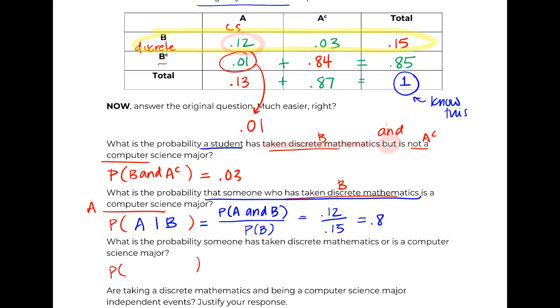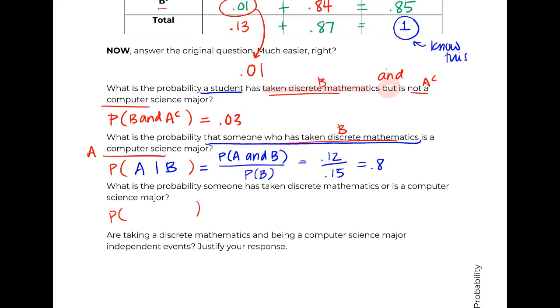All right, and then the last one before we get to the final question. Probability someone has taken discrete math, which is our B, or is a computer science major, which is our A. B or A. Again, this is a formula one. So when you have these tables, which is going to happen on the worksheet this week, just make sure that you realize if you're looking for one of the things by itself, you can get that from the table. If you're looking for an "and", you can get that from the table.